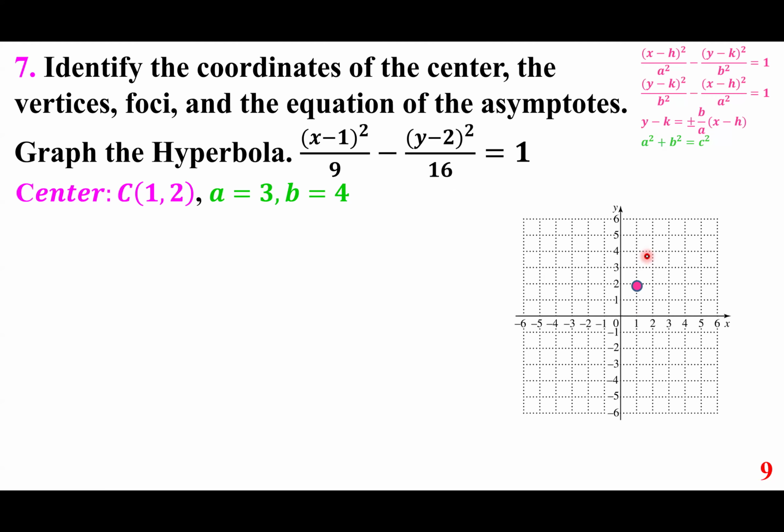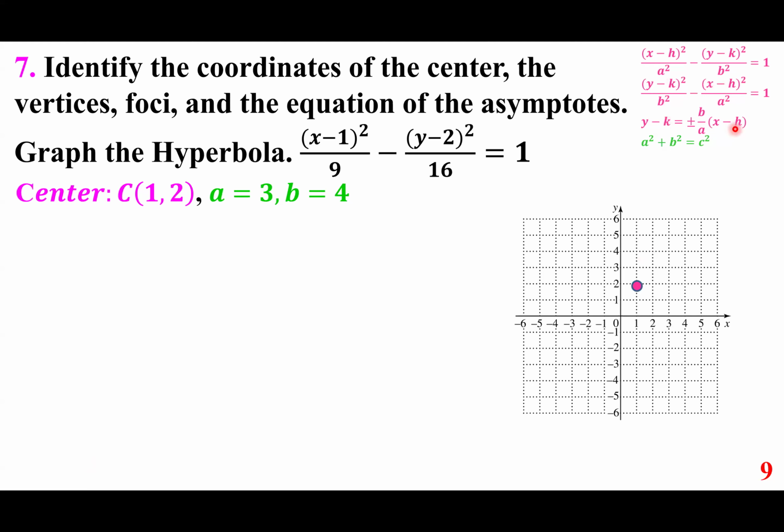Now to find the asymptotes, remember the asymptotes have the equation y equals plus minus b over a times x when the center is at 0, 0. When the center is at h and k, see what happens. Instead of y, you would have y minus k.